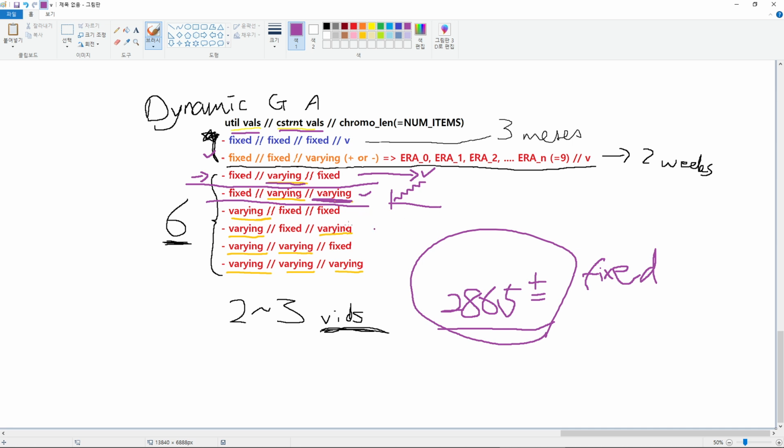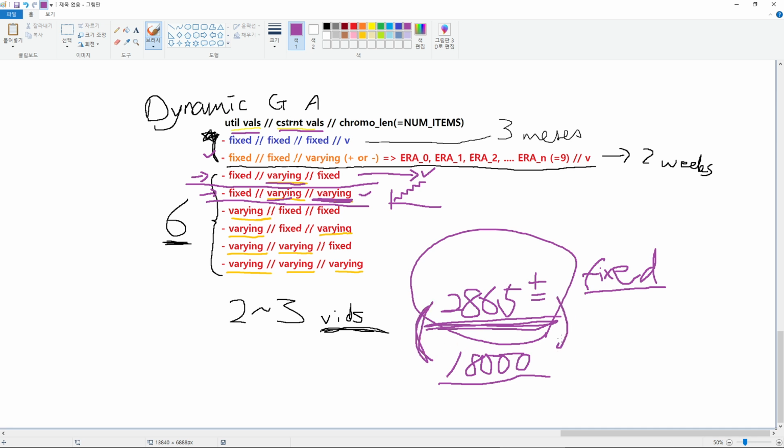And to assess the performance of this setting, or the effects of this setting, where the constraint values also varied along with the number of items, the constraint values would still be fixed in order to find any chromosomes that scored 2865 or above, with the summed constraint value equal to or below 18,000.